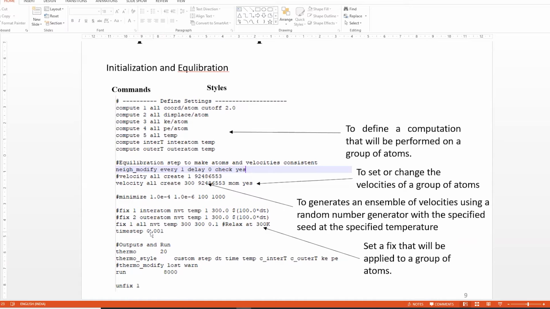Okay. So once you relax your model, you have to unfix. Otherwise, in the next step, the actual calculation, it will continue to fix the NVT. Okay. So you have to unfix first, and then you have to start your next simulation.